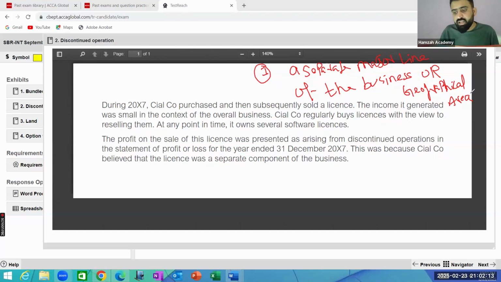Number one, a separate major line of a business or a geographical area.